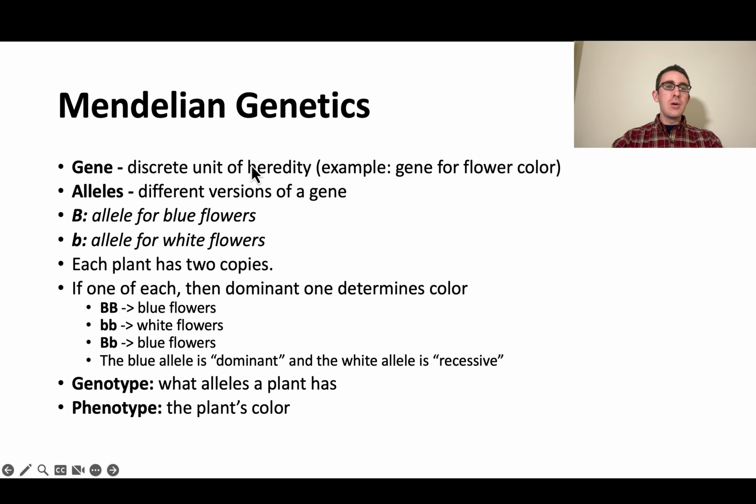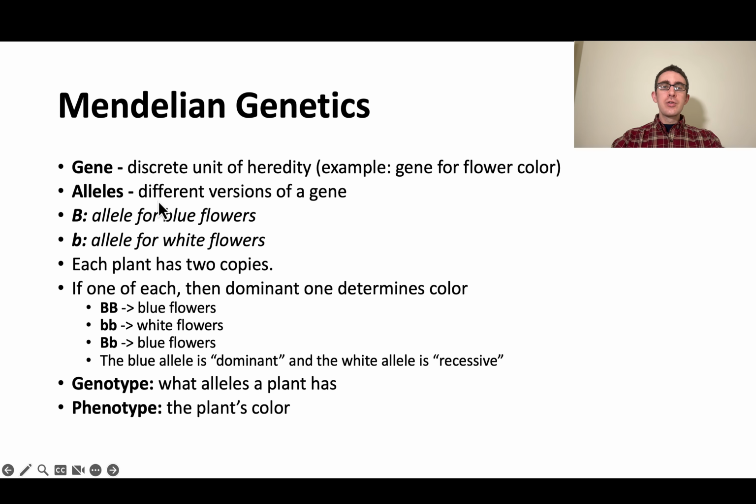We're not talking about a gene as a segment of DNA like we were before. Like I said, temporarily forget about DNA. We're thinking as if it's the 1800s and we're Gregor Mendel, so we don't know what DNA is yet. In the next video, we'll update some of these definitions to get them in line with our modern understanding, but these definitions are for the Mendelian model of genetics. So a gene is a discrete unit of heredity, which sounds vague and abstract.